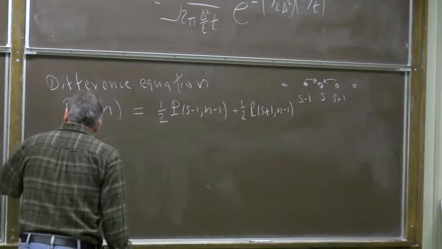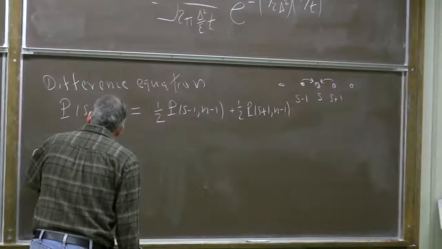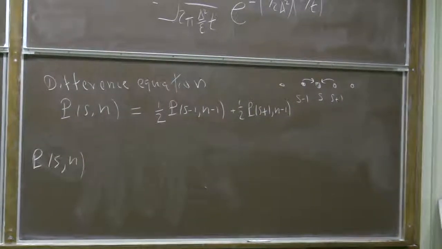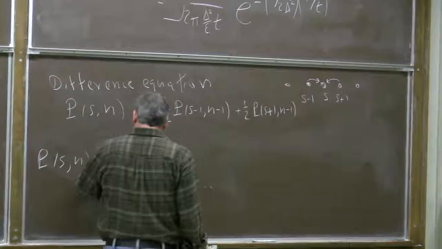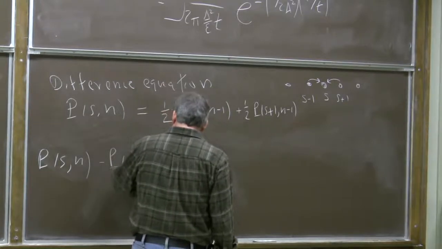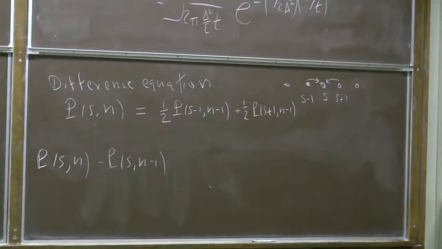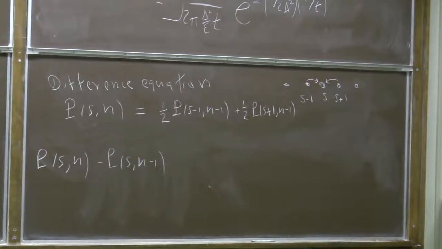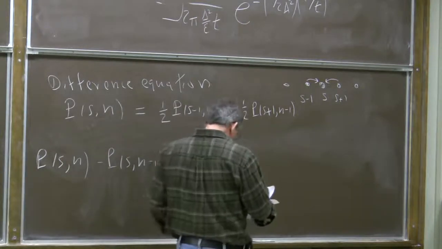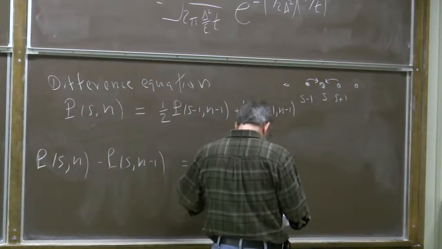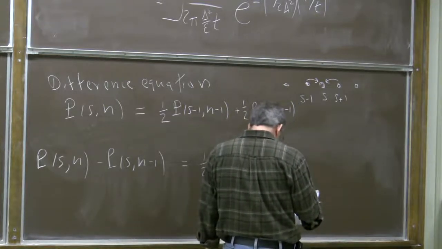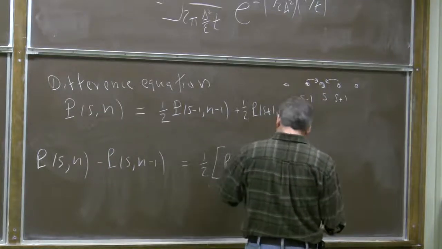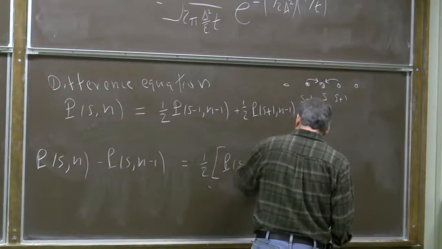So I'd like to write an equation for how the probability of being at s changed between time step n minus 1 and time step n. So I'll subtract that away from both sides. The amount by which the probability of being at site s increased between time step n minus 1 and time step n is 1/2 the probability of being at s minus 1, n minus 1.